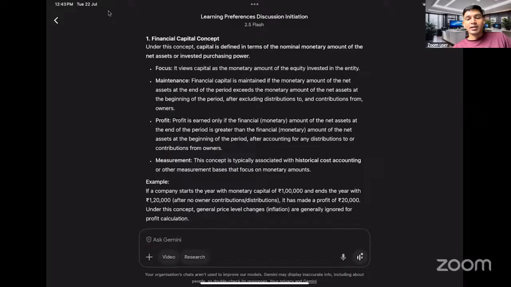Maintenance. Financial capital is maintained if the monetary amount of the net assets at the end of the period exceeds the monetary amount of the net assets at the beginning of the period, after excluding distributions to and contributions from owners.